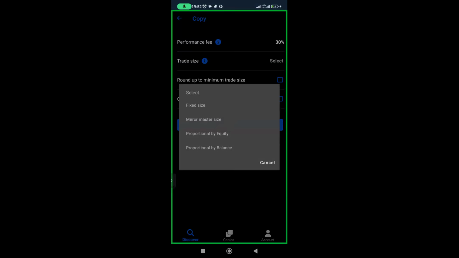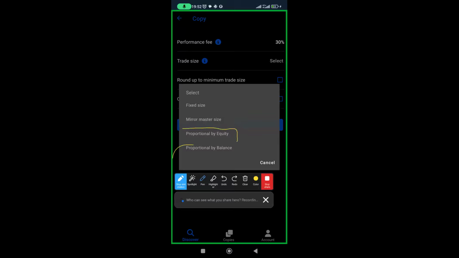So, for the sake of this example, I'll be clicking on proportional by equity. So what does this proportional by equity mean? It means that I am telling the app to pick trades on my account in direct proportion to the equity of the trader.